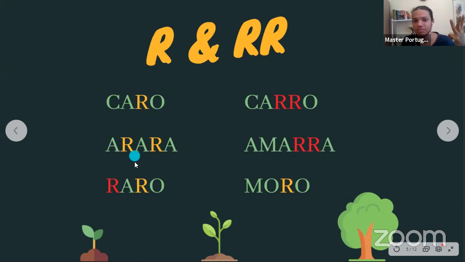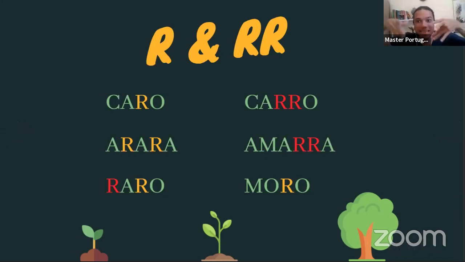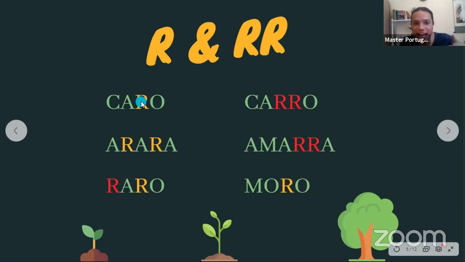Arara, arara. Amarra, amarra. Raro, moro. So pay attention to this information. When you have one single R in the middle of the word, like caro, arara, moro, it's pronounced with the soft R. It has to be in the middle of the word.